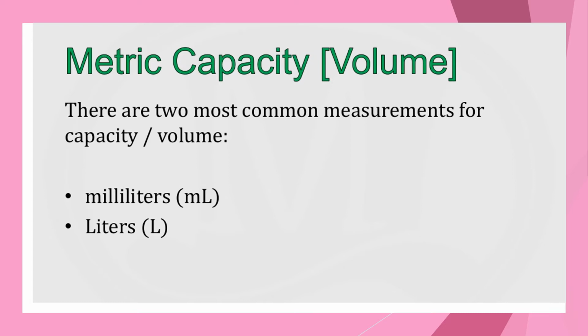Can you guess them? One is liters and the other is milliliters. Can we say that together? Liters and milliliters. So measurement of capacity is done in two most common ways, which are milliliters and liters.